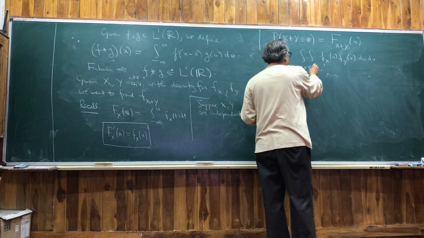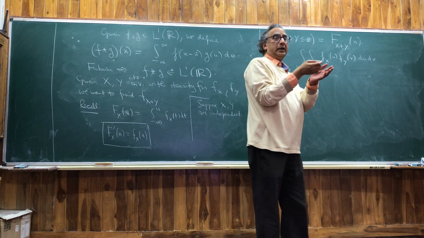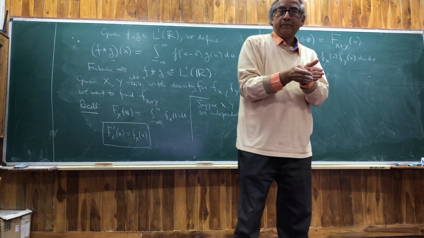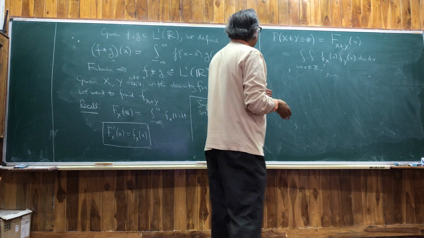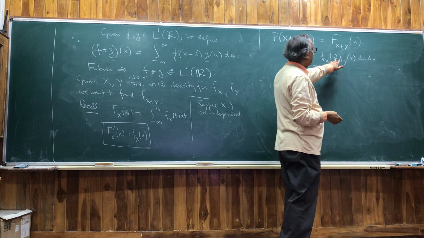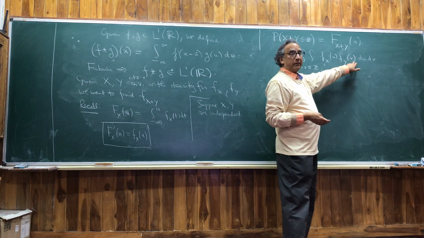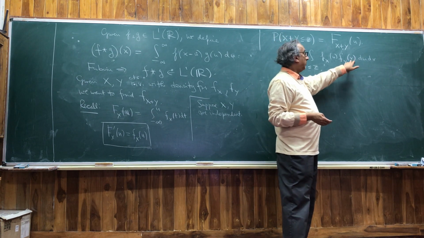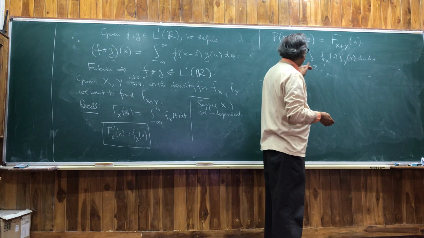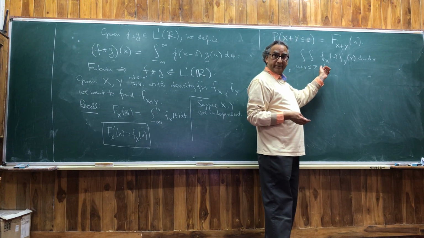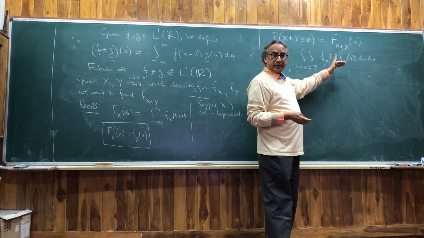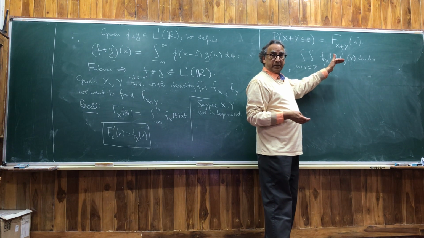So this is less than or equal to z. The random variable x takes on the value u, and the probability of that is f_x of u, and the random variable y takes on the value v, and we want u plus v to be less than or equal to z. This is the way to understand this particular statement.